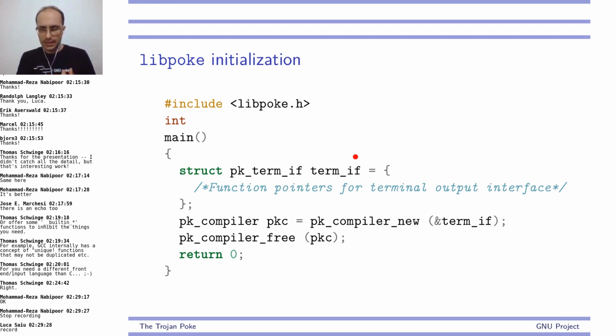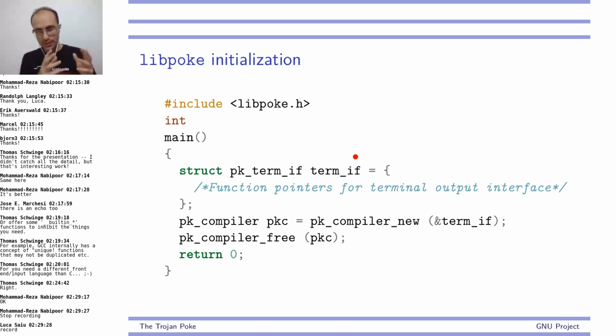So what is this term if? It's a structure, obviously, consisting of function pointers for the terminal output interface. The Poke compiler wants to tell something, like there is a syntax error, or the user writes a program that prints some stuff on the output.